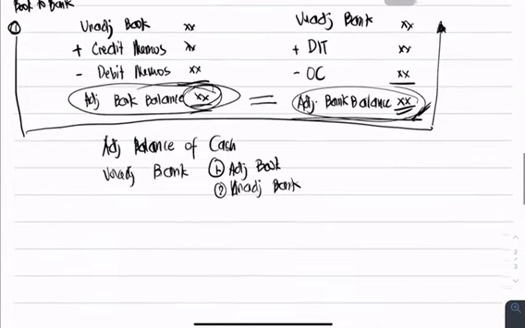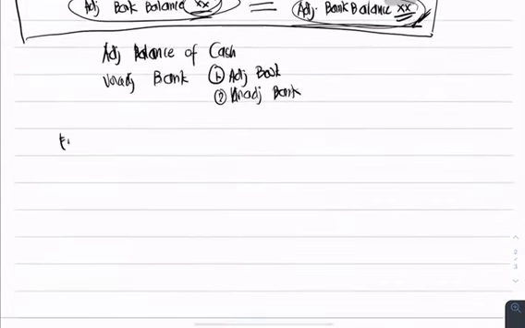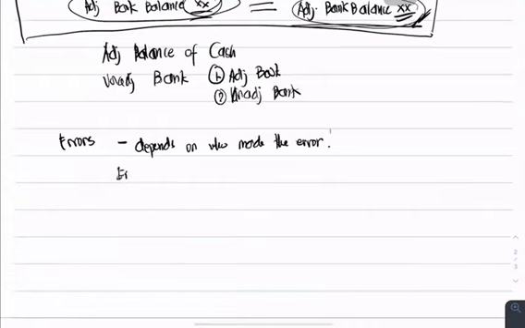We go now to errors. Errors. For errors, it is a book or bank reconciling item depending on who made the error. So this depends on who made the error. Okay? So if the error was done by your book, then you adjust in the book.